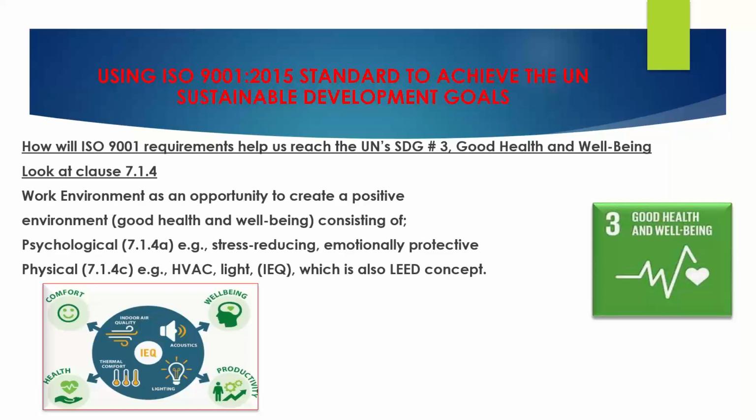The clause says the organization should determine, provide, and maintain the environment necessary for the operation of its processes and to achieve conformity of products and services. It further explains that the environment must be suitable, not only for the product, but equally for the workers, the people who are working in the organization.